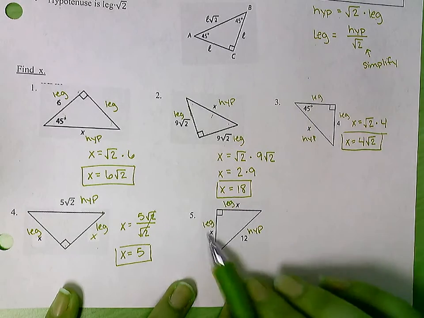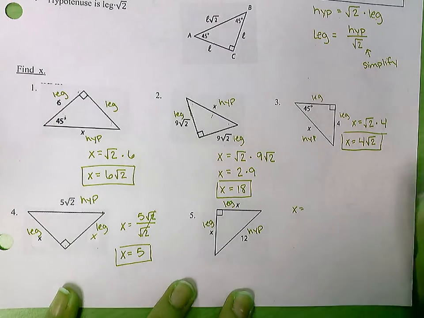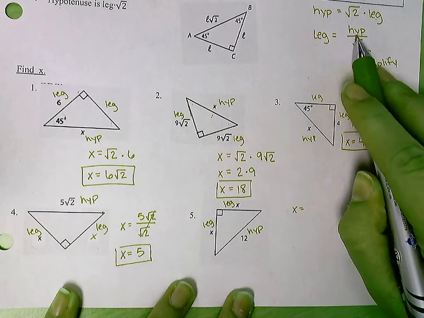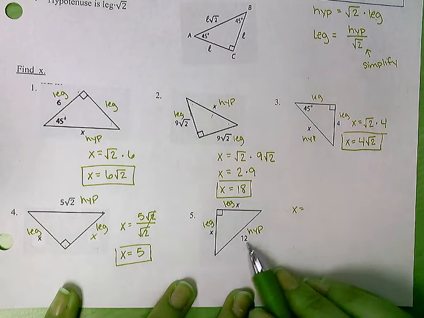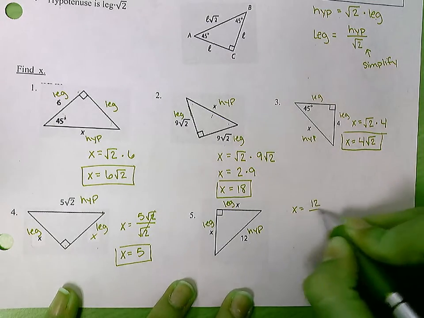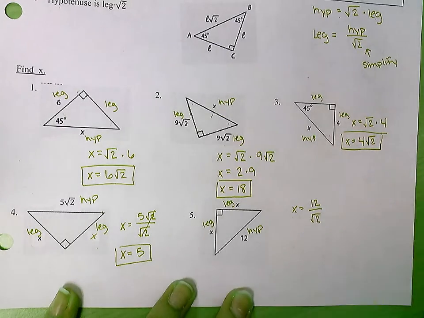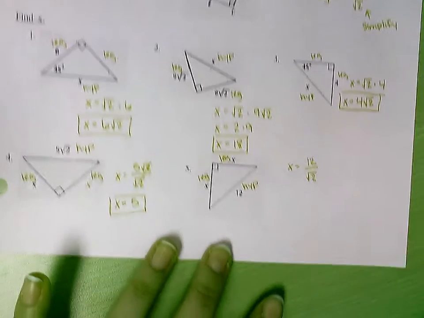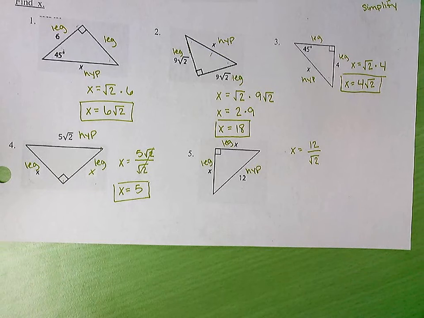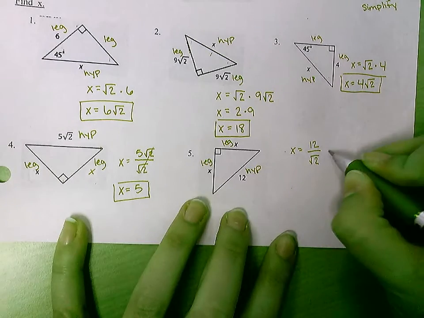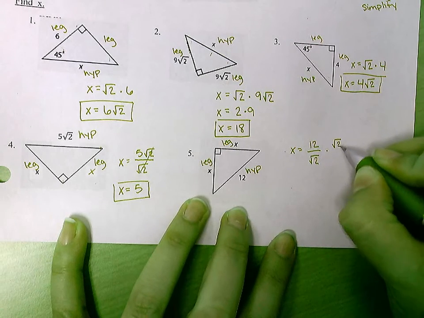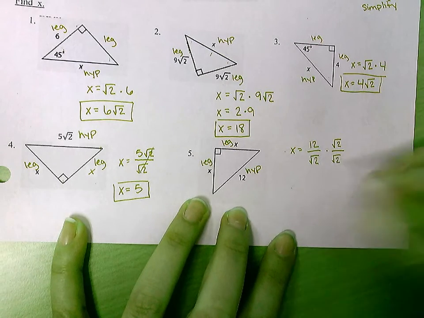So leg is x. That's equal to the hypotenuse. Hypotenuse is 12 over the square root of 2. Now I need to simplify this. So you need to multiply by that version of 1. In this case, you're multiplying by the square root of 2 over the square root of 2.